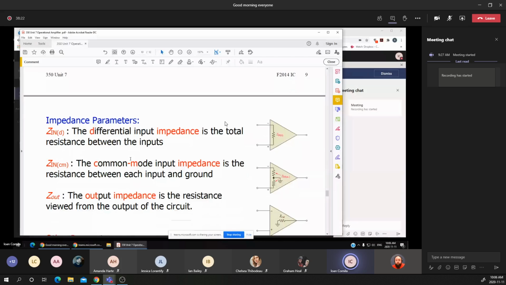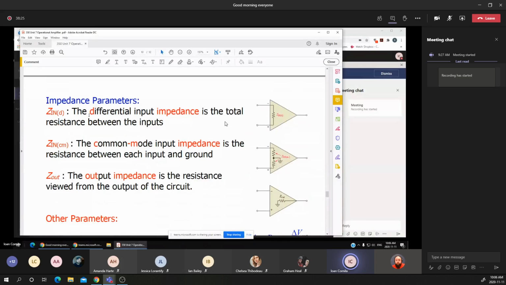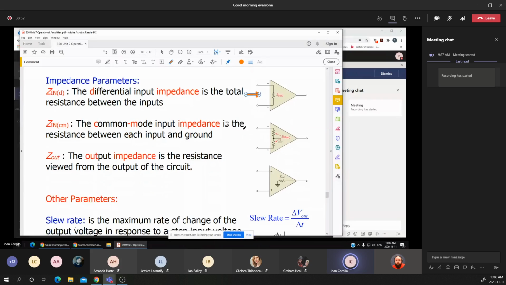In terms of impedances, we will calculate the input impedance and the output impedance with feedback. But at this point, we have the differential input impedance, which means that I'm looking into the op-amp between the two inputs. Another way to measure the input impedance is with respect to ground.